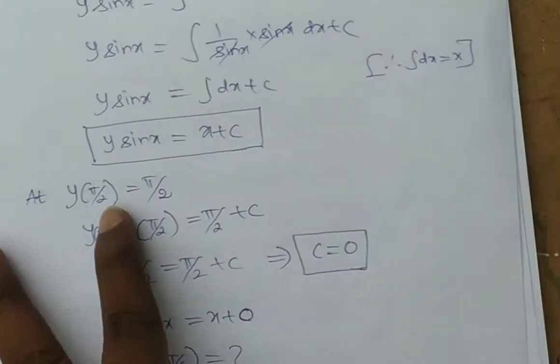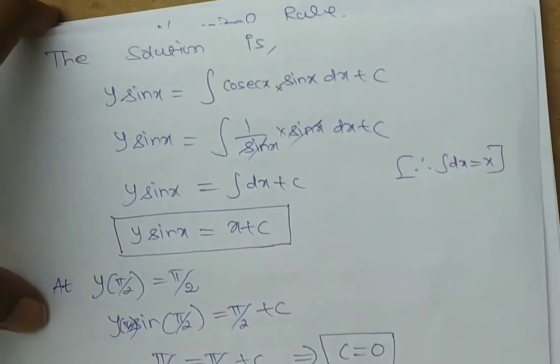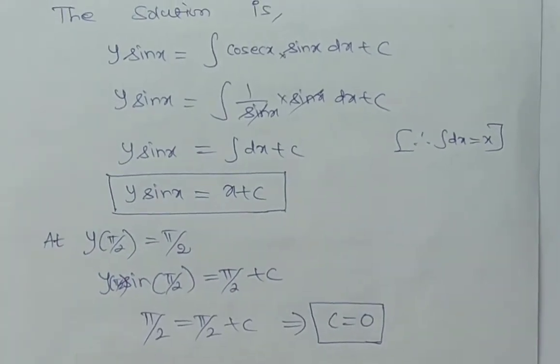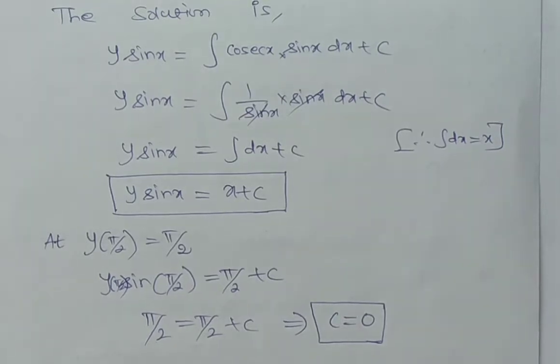Next, the solution is y sin x equal to integral of cosecant x into sin x dx plus c. y sin x equal to integral of 1 by sin x into sin x, which cancels. The equation can be written as y sin x equal to integration of dx plus c. This can be written as y sin x equal to x plus c.